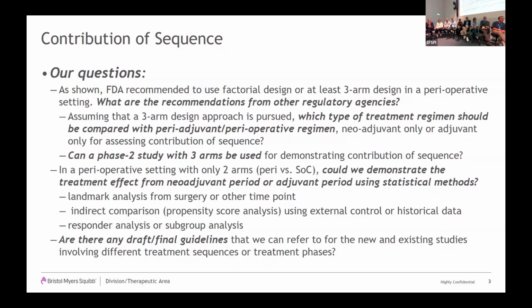And then the second study is for the perioperative treatment comparing to control. So that was my question, is that acceptable to do the inter-study comparison to address the adjuvant treatment effect?